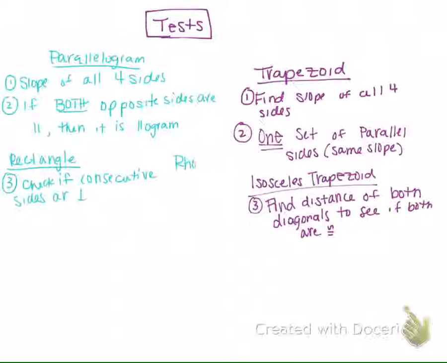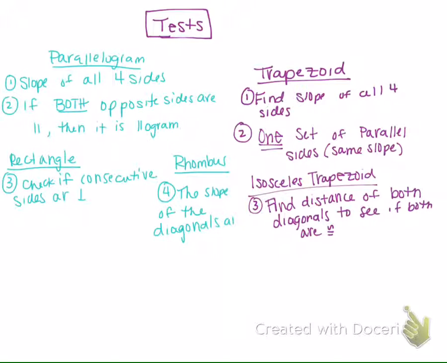And for a rhombus, you have to do the slope of the diagonals, and they need to be perpendicular. So really you're not adding anything else on for a square. You know what's going to happen for a square? Both 3 and 4 are true. If both steps 3 and 4 are true, you have a square.